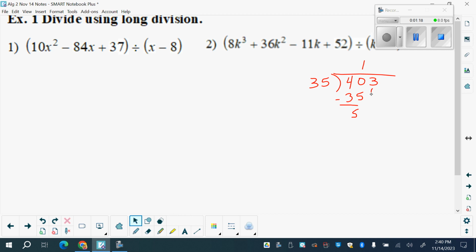Bring down the 3, and then we say 35 goes into 53 once, and then bring down the 35 and subtract. So this is going to be 18. And so we can write our answer as 11 remainder 18, or we could write it as 11 and 18 over what number? 35. That's right.